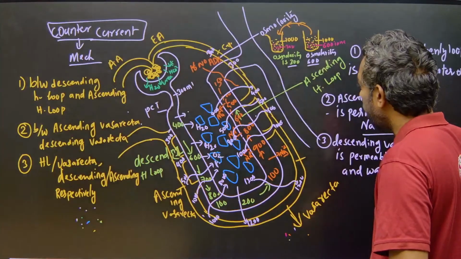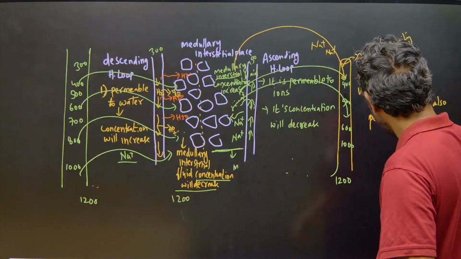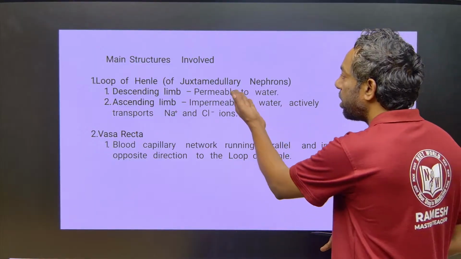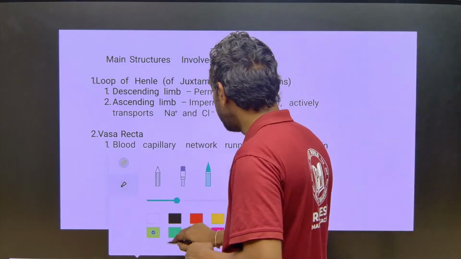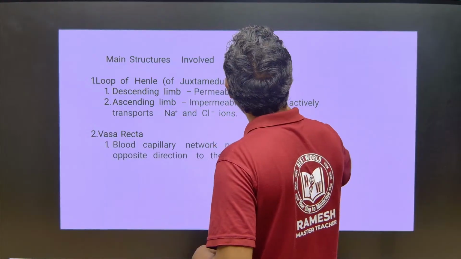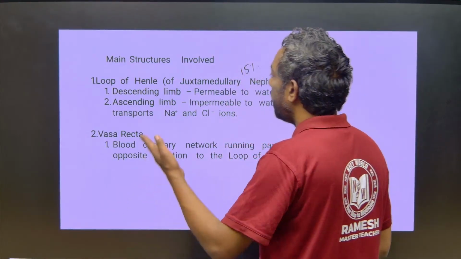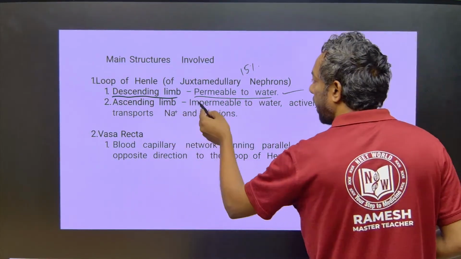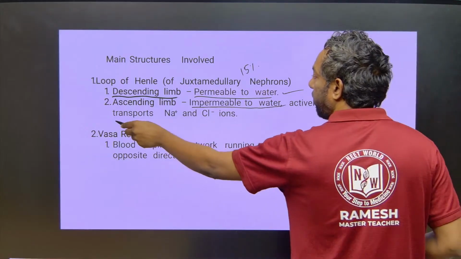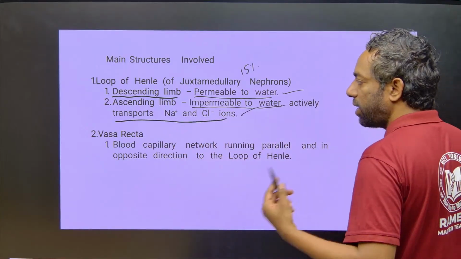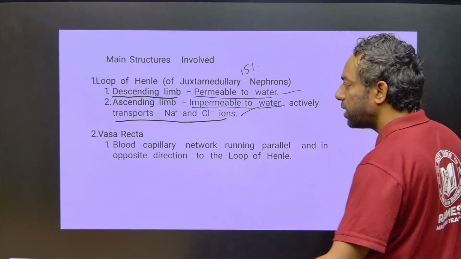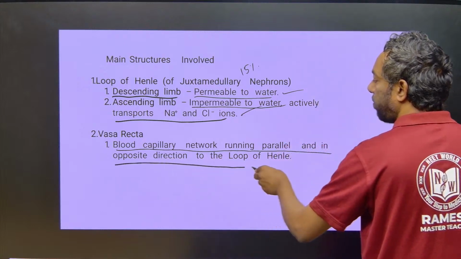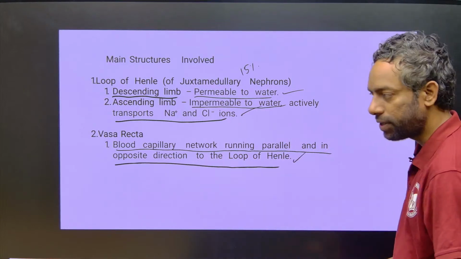The main structure involved is the loop of Henle, that is the juxtamedullary nephron, which is 15% of the nephrons. The descending Henle limb is permeable to water. The ascending Henle limb is impermeable to water and actively transports sodium and chlorine ions. And the Vasa recta is a blood capillary network running parallel, in the opposite direction, to the loop of Henle.